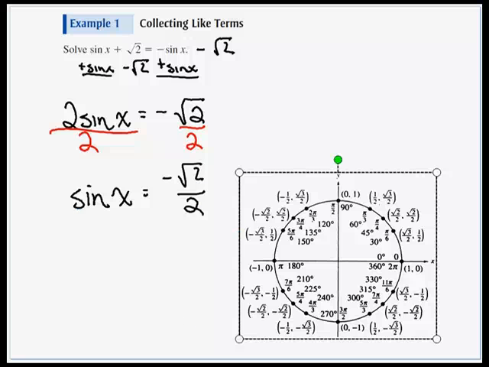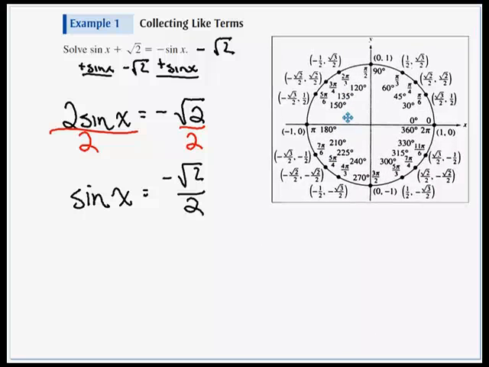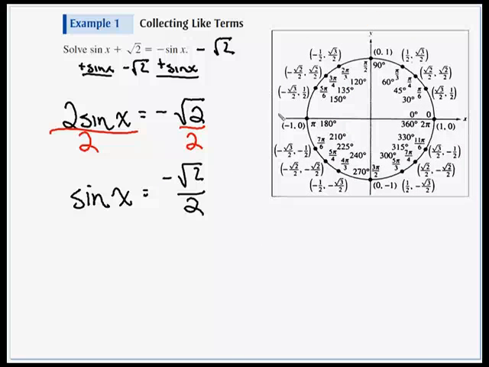Now where does that occur? Here's a unit circle. Sine values are y values, so we're going to be looking in the bottom two quadrants, 3 and 4. We're looking for y values of negative square root of 2 over 2, and here's one of them, and here's another. What angles made those possible? Let's see here.